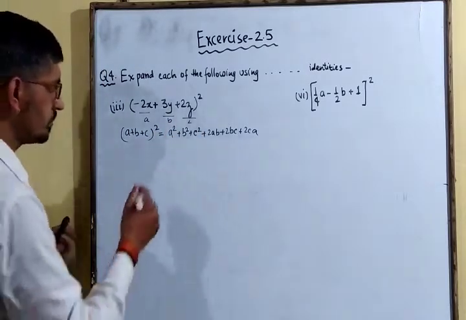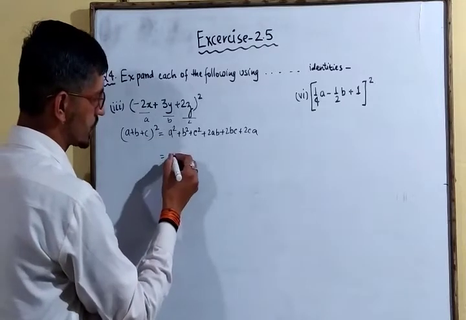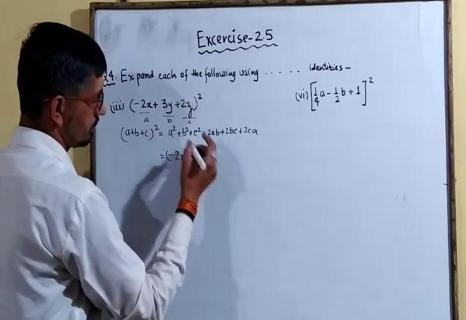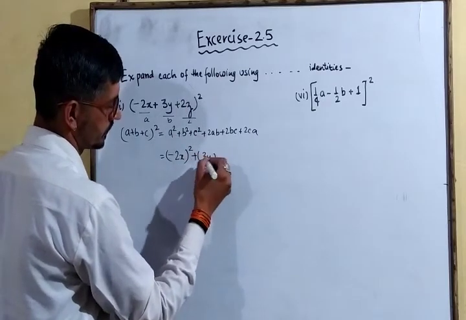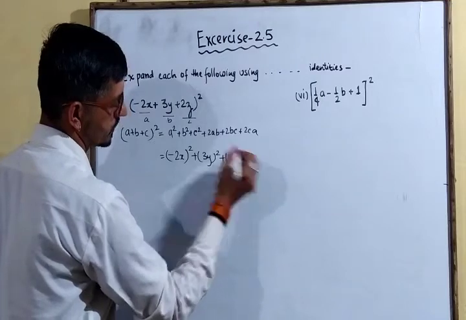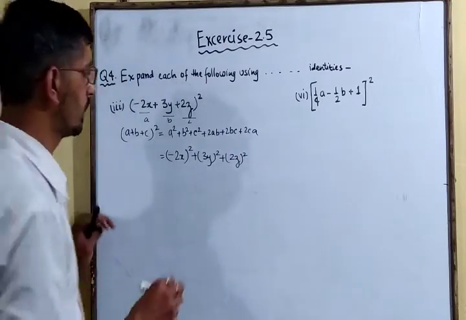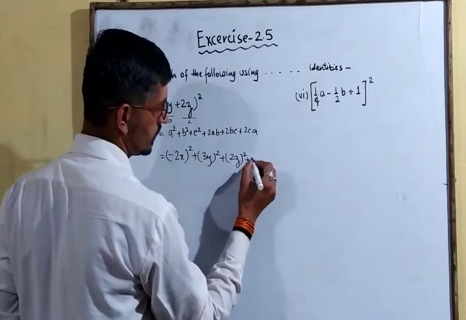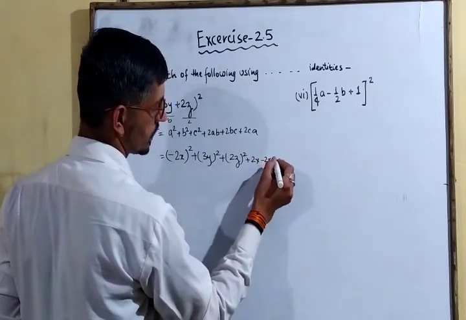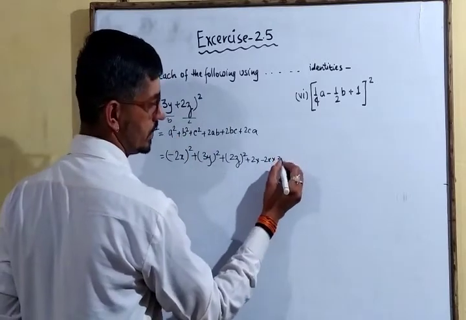Now a square, that is (-2x) square, b square is (3y) square, c square is (2z) square. Plus 2ab: 2 into a, which is -2x, into b, which is 3y.